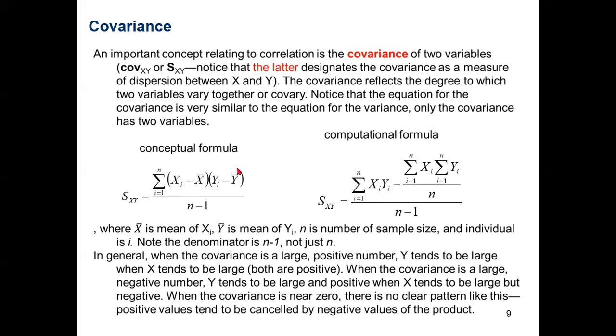The conceptual formula here is the covariance formula. So what is covariance? Covariance is association, correlation between two variables. Yesterday, you had a chunk of dots in an xy coordinate axis, right?